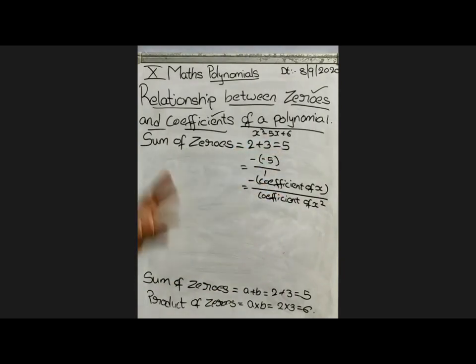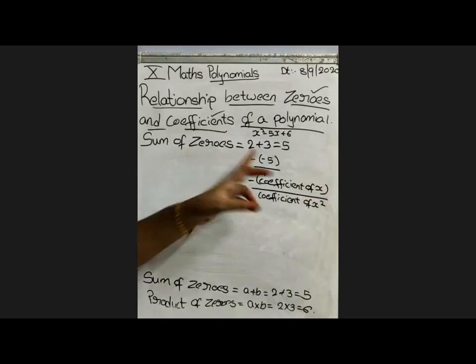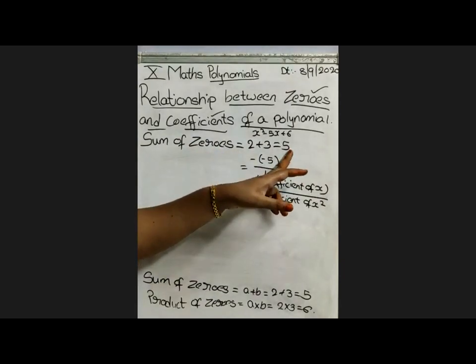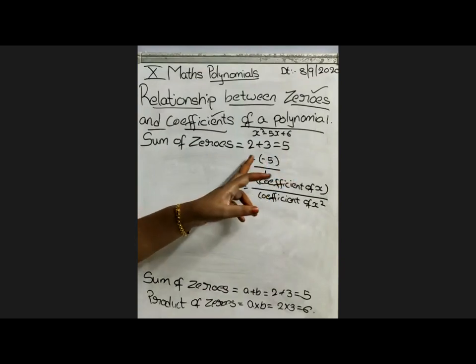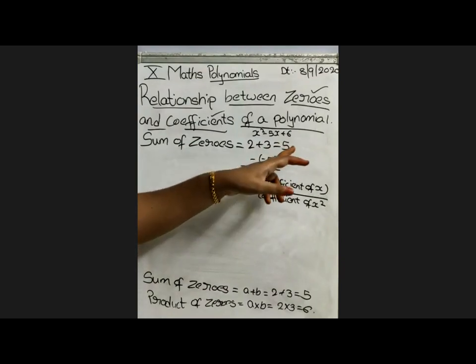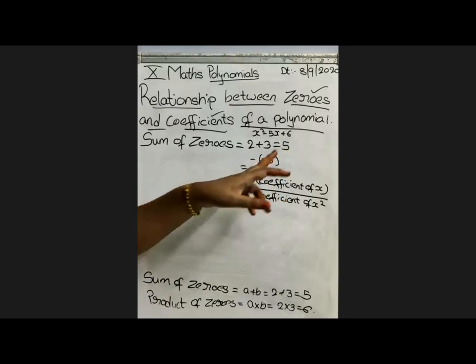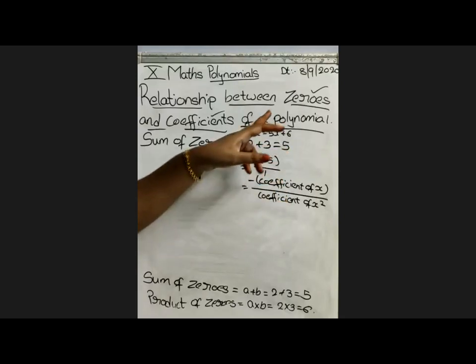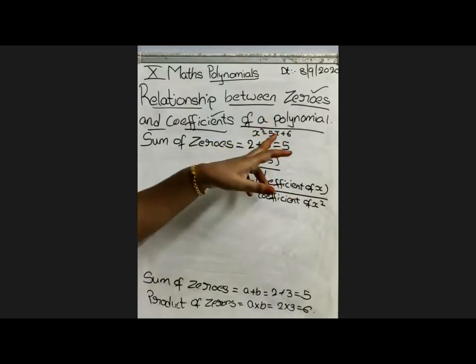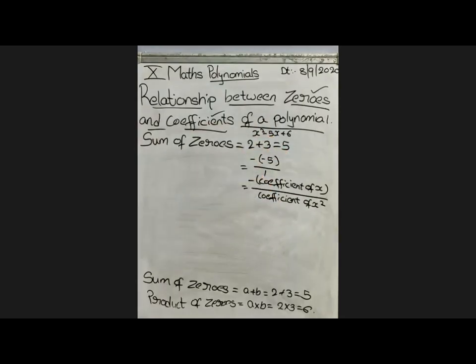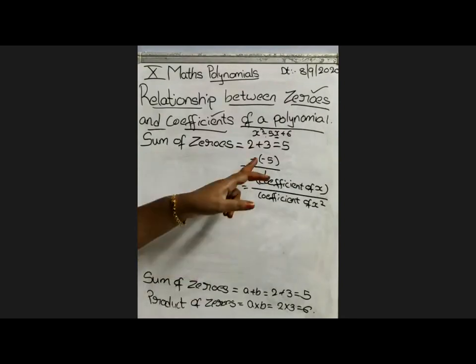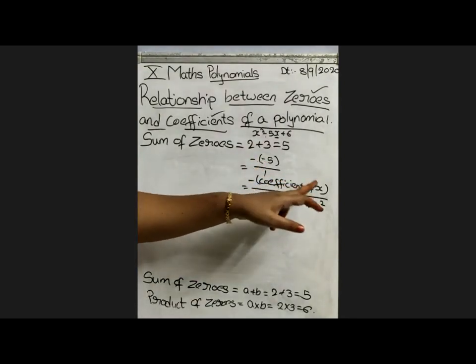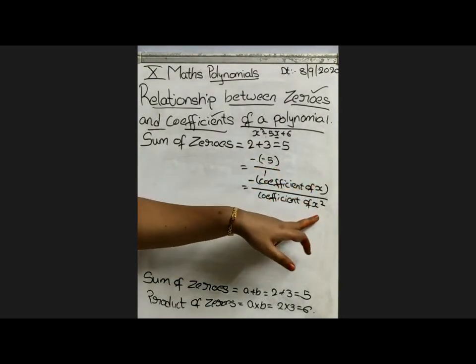Now observe: sum of the zeros means we got 2 plus 3, which is equal to 5. That is the sum of the zeros. So here 5 is there. How can I write this 5? Minus of minus 5. Can you write it now? Yes, minus into minus is plus 5. Again you get this value only. But here minus 5 is nothing but the coefficient of x. The x coefficient is minus 5. So minus of the coefficient of x by the coefficient of x squared.